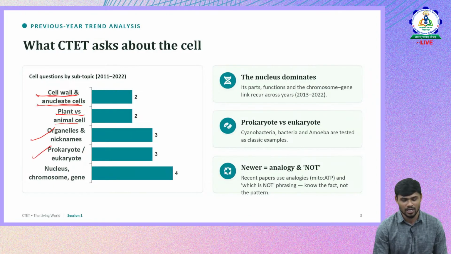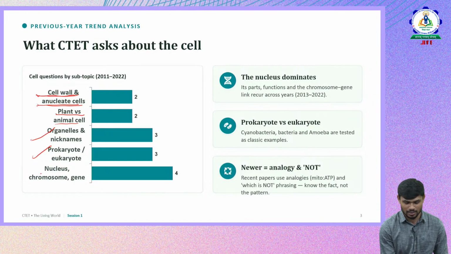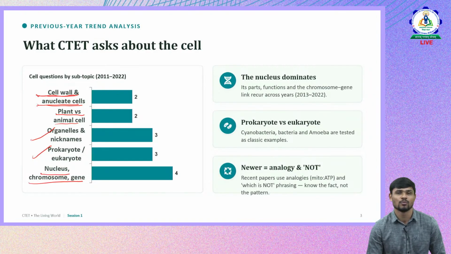Then prokaryote and eukaryote cells. There are 2 different types of cells, one is the prokaryotic cell and another is the eukaryotic cell. What is the difference between them? How are they different, what are the different roles that they have, and how did the evolution happen from prokaryotes to eukaryotes? Then the last one is nucleus, chromosome and gene.